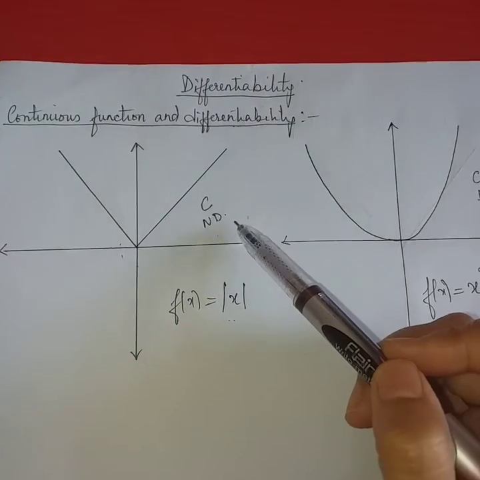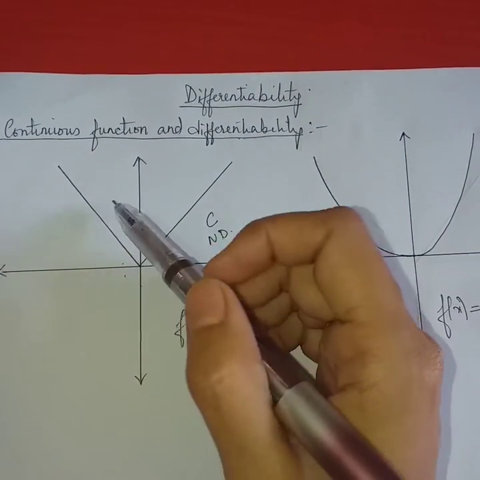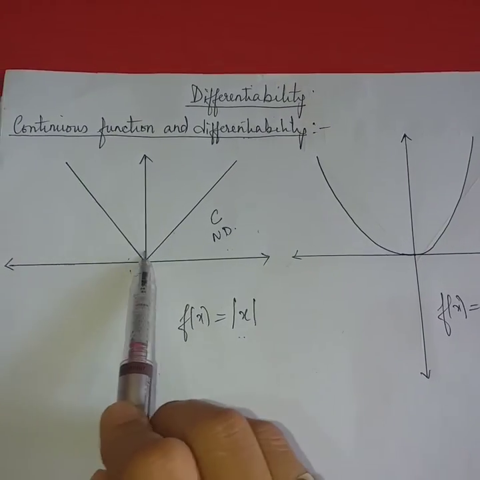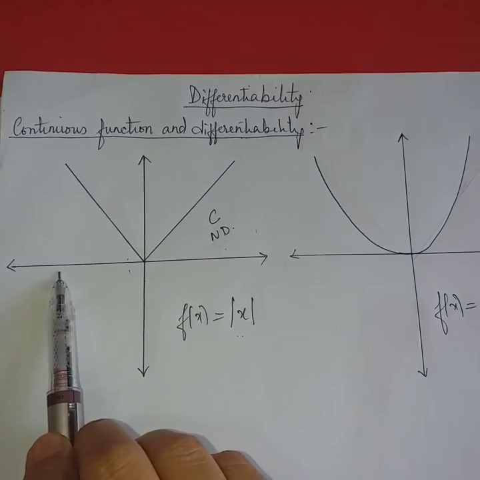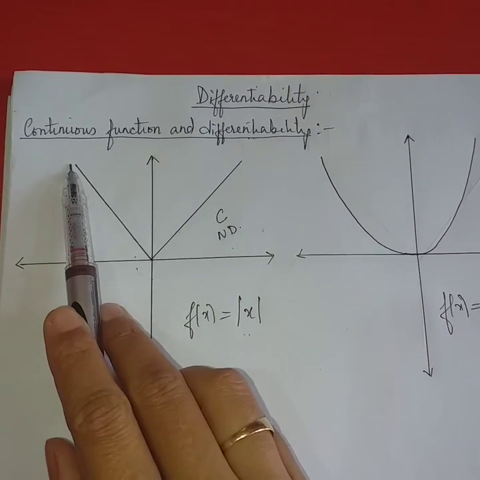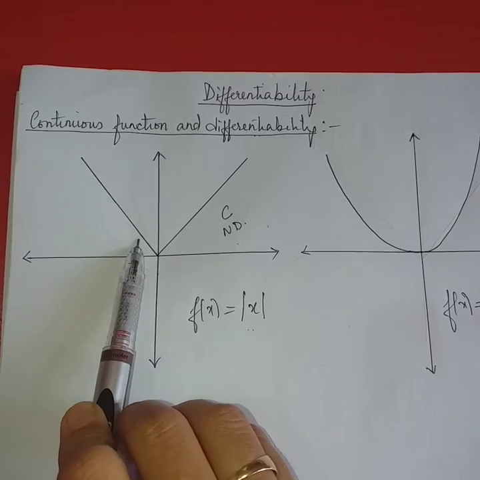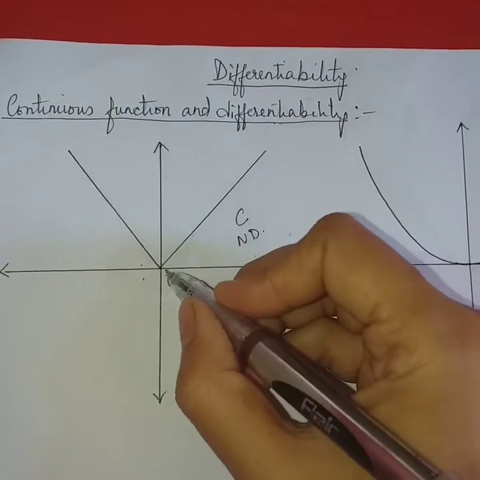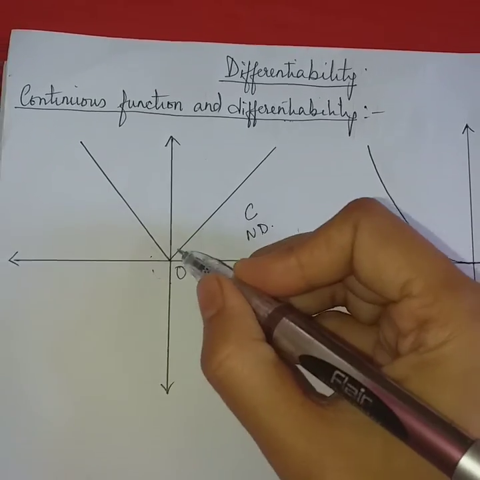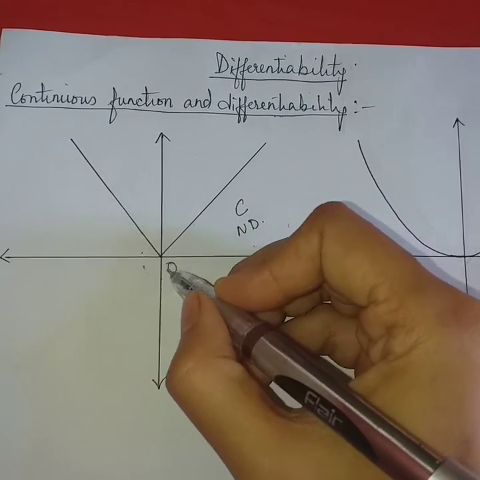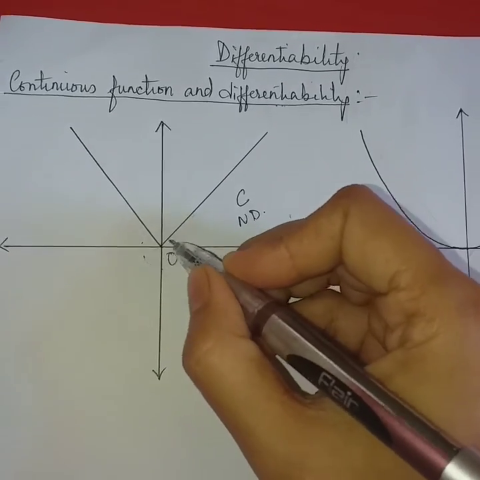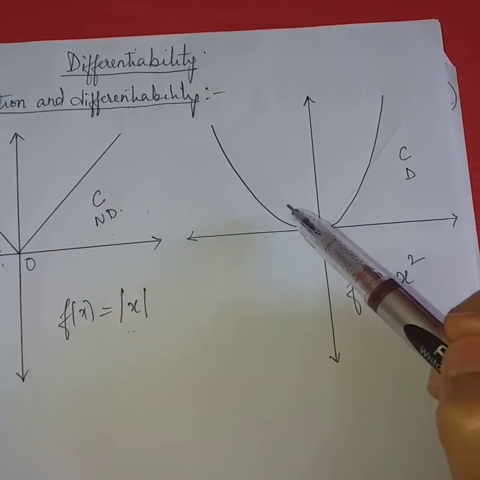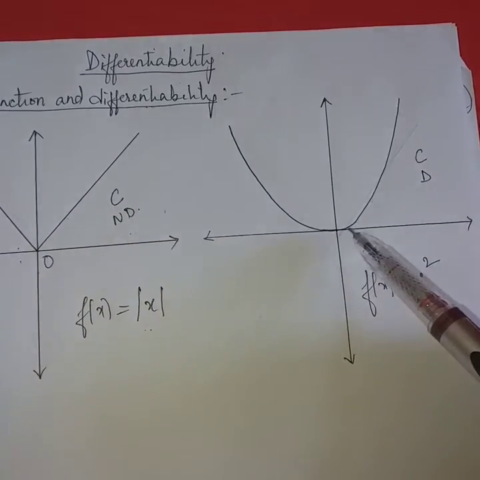Modulus of x is a very good example, and we see that in the negative side, as the value of x increases, the value of y goes on like this, and at point 0 the value suddenly increases. Because of this sudden change there is a sharp edge here. So because of this it is not differentiable, while in this function the graph is going on smoothly.